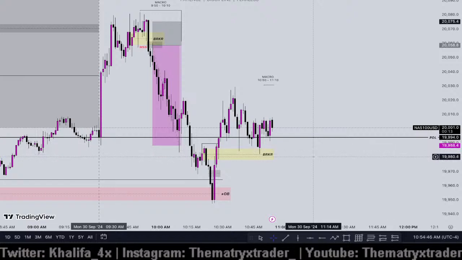This still seems to me valid until we break above or below.